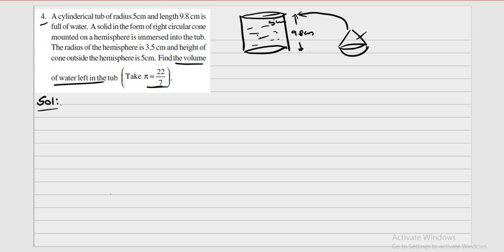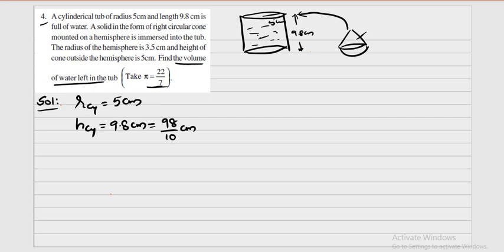So let us see this. What are the things that are given? First of all, we are going to write that. Radius of cylinder is 5 centimeters. Next, height of cylinder is 9.8 centimeters, which I can write as 98/10 centimeters.